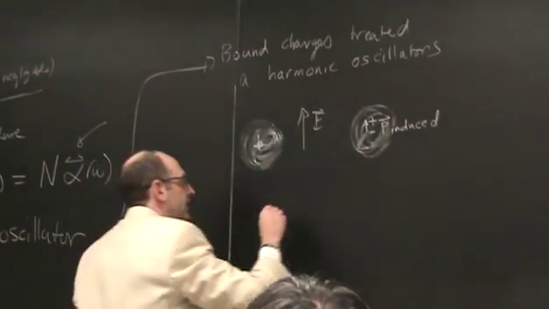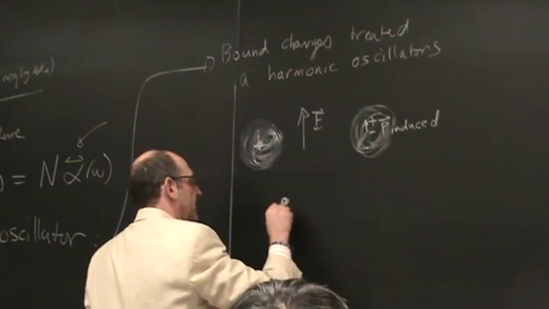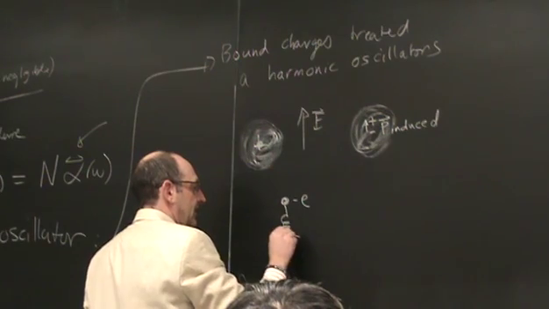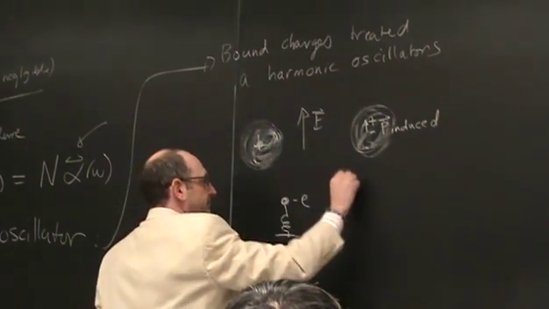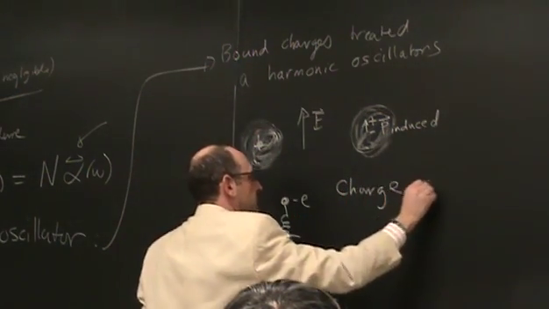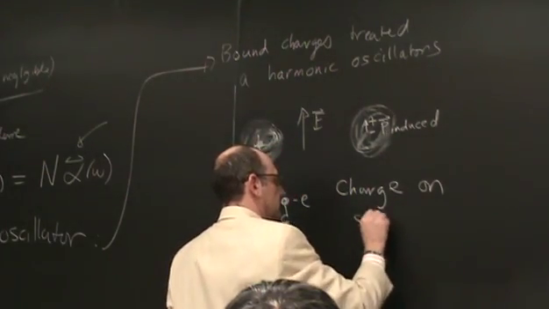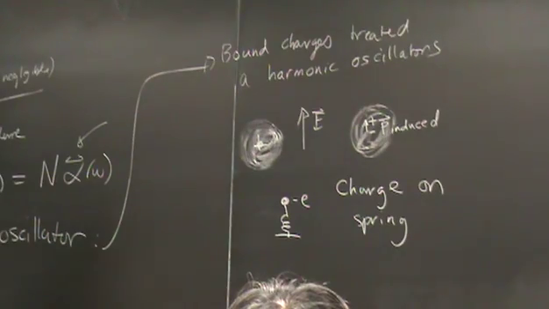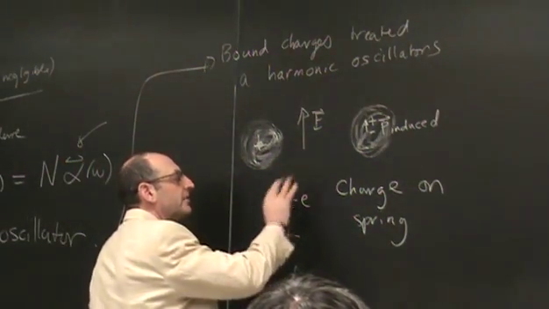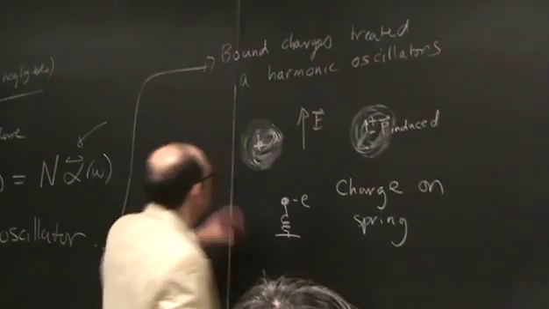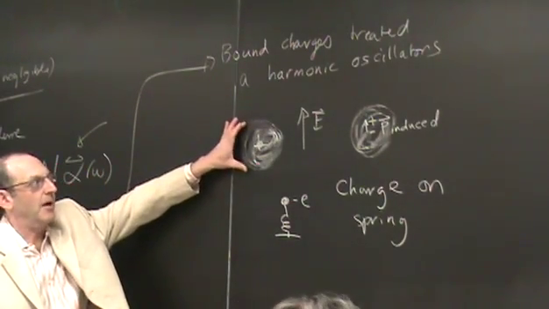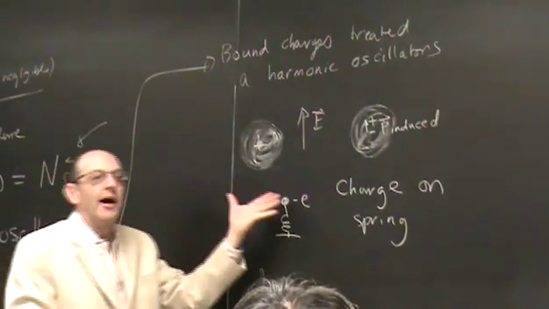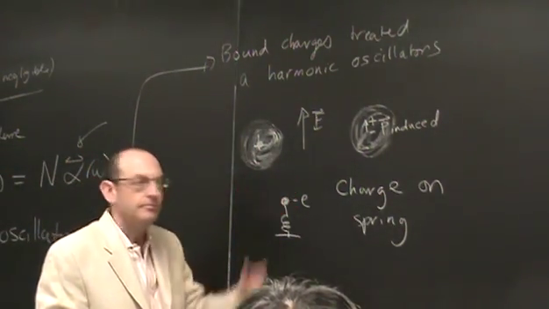So the idea then is to say, well, okay, there's some charge on a spring. In this case, the charge is the electron. There's some equilibrium position, which in quantum mechanics would correspond to the ground state, and there's no dipole moment there.